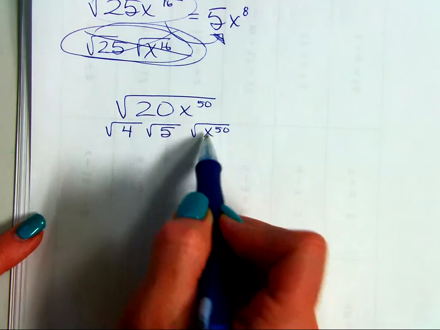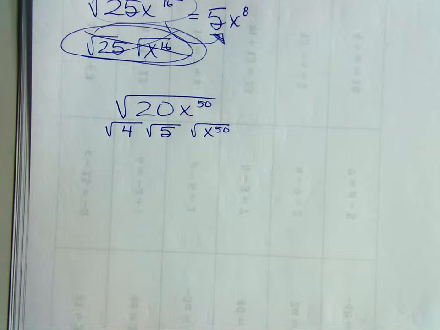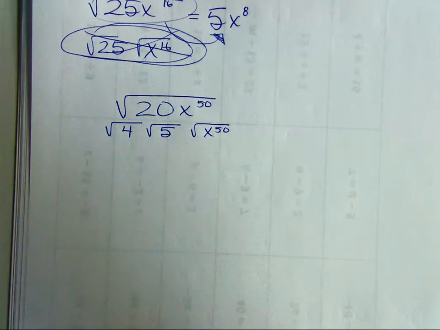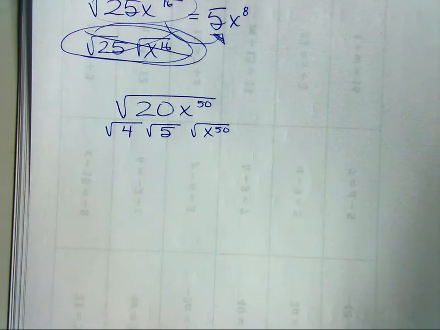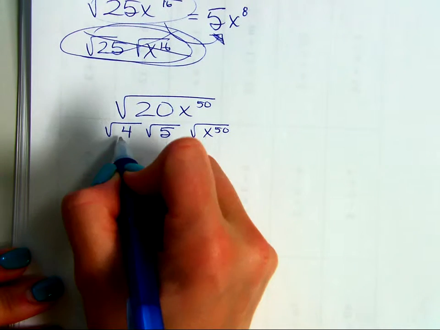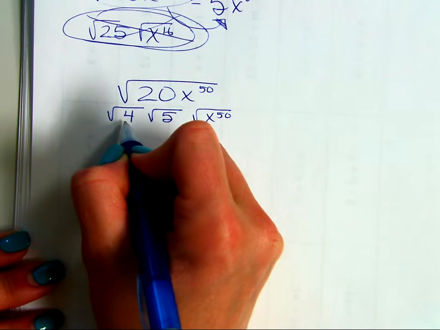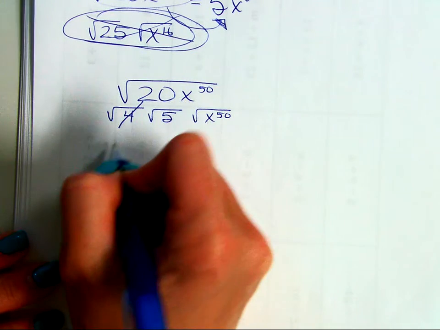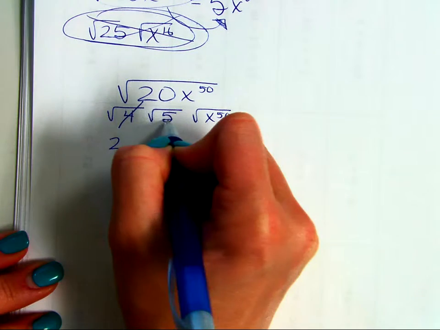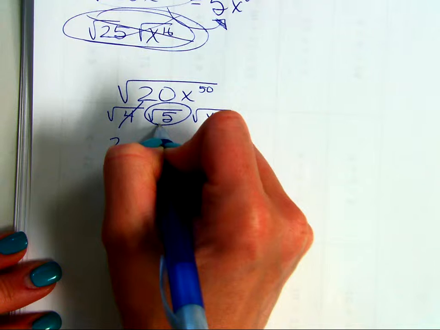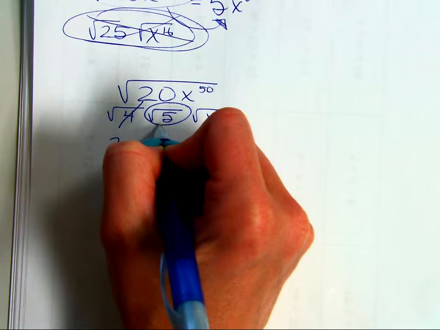Keep it that. And then the second step is to go through and either take out what the perfect squares are or leave them in if you can. You're doing that all in one step. So I'm working my way here. Is this a perfect square? It can be taken out. This is a 2. Is this a perfect square? No, it's going to stay. So I circle it. Either circle it or slash it.